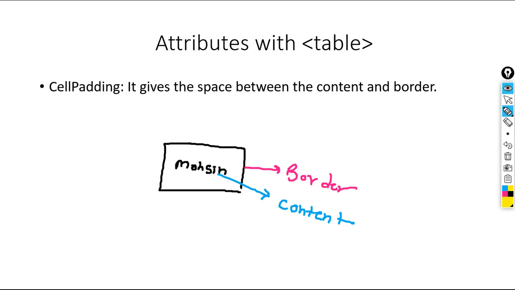Now there is space between the border and the content. So to adjust this space between content and border, we make use of the cellpadding attribute.